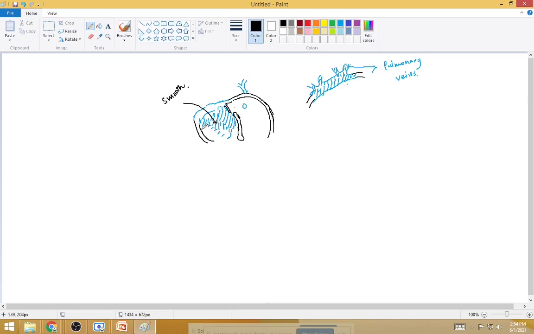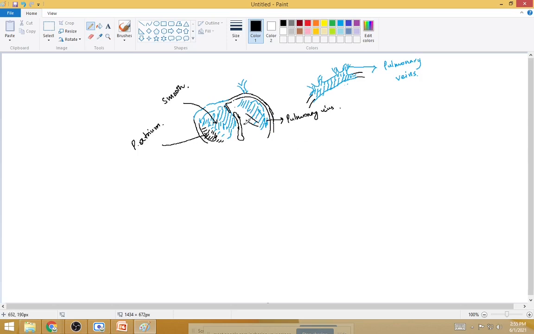This is the rough part formed by the primitive atrium. Similarly here, when the four veins are being formed, this part is smooth, which is being formed by the pulmonary veins.